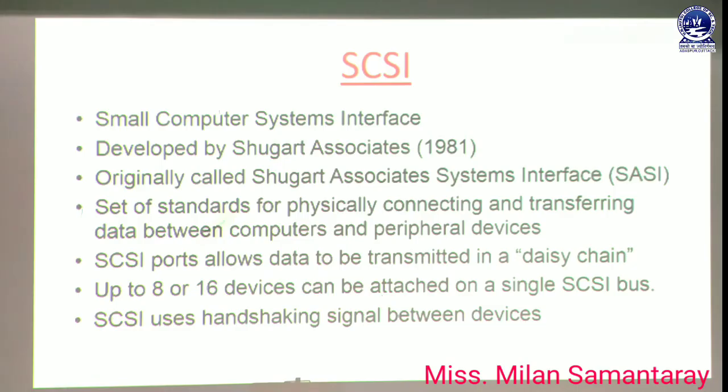In USB we can connect 127 peripherals, but by using a single SCSI bus, we can connect 8 or 16 devices. Then SCSI uses handshaking signals between devices, and handshaking is the concept used in asynchronous buses, so it follows asynchronous bus protocols as it uses handshaking signals when data transfer takes place between different types of devices, whereas the PCI bus uses the synchronous bus architecture or protocols.